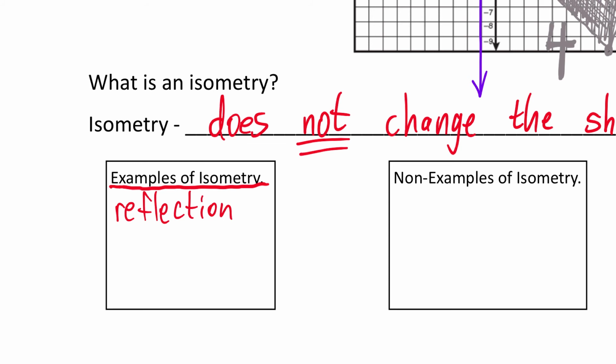What's another example of an isometry? A translation, good. In a translation, it just slides. But after you slide it, it's still the same shape, still the same size. And then there's one more that we've done that's an isometry. This one wasn't on the warm-up, but we've done it this week.